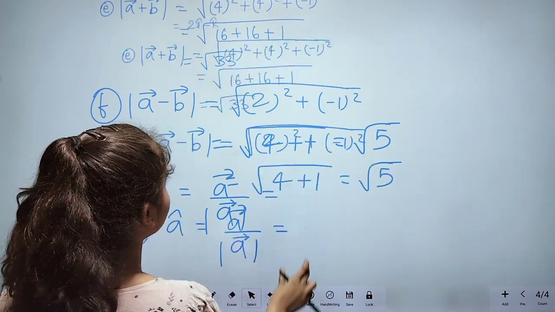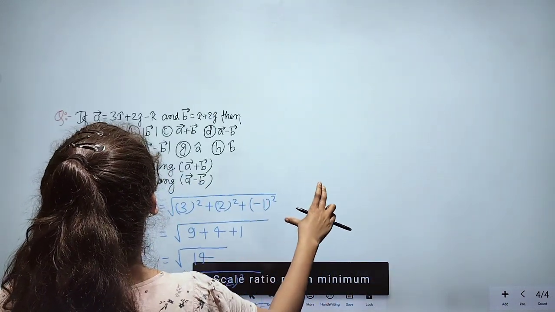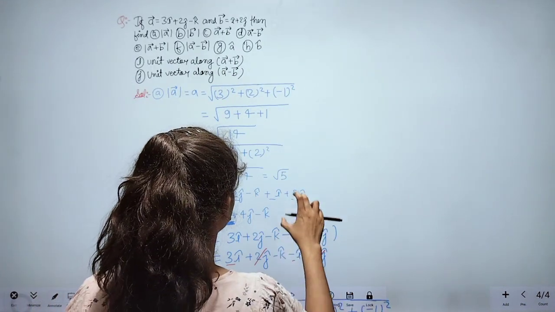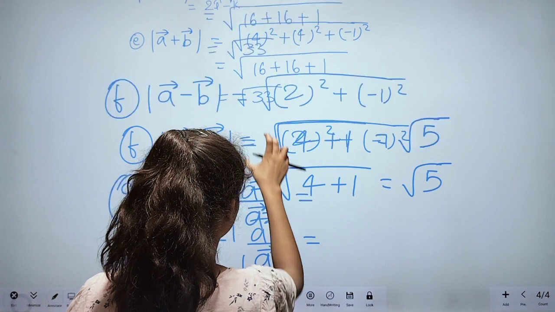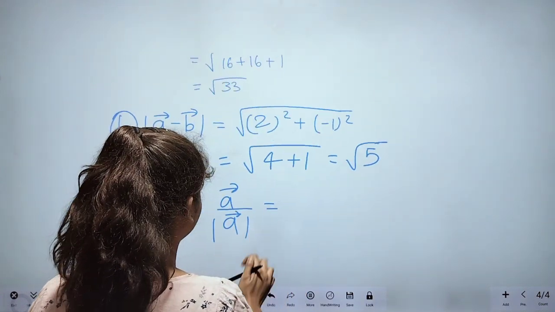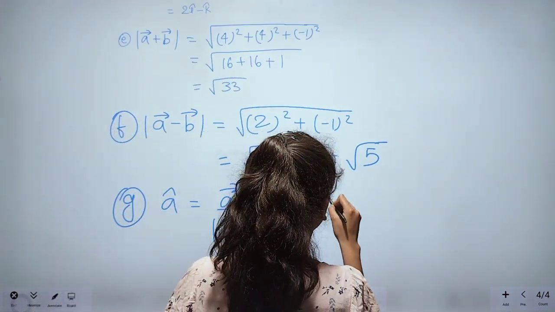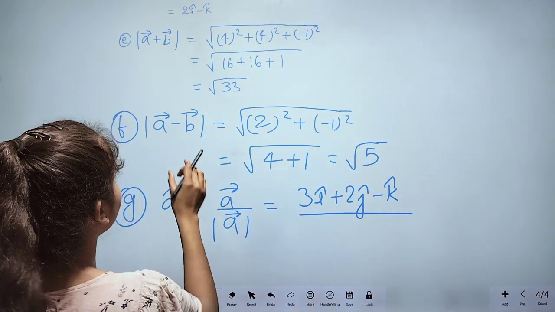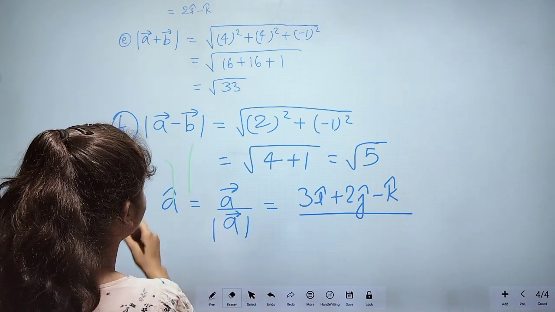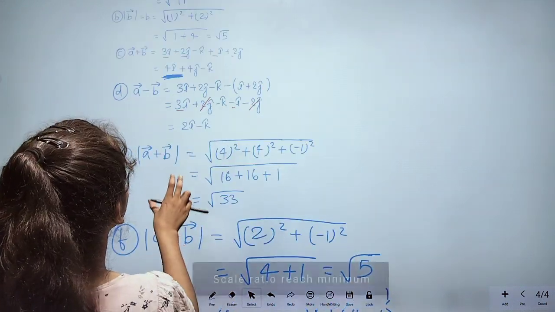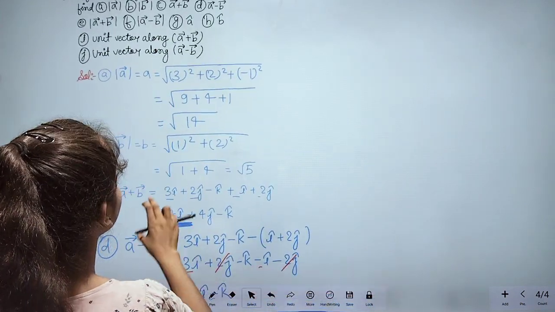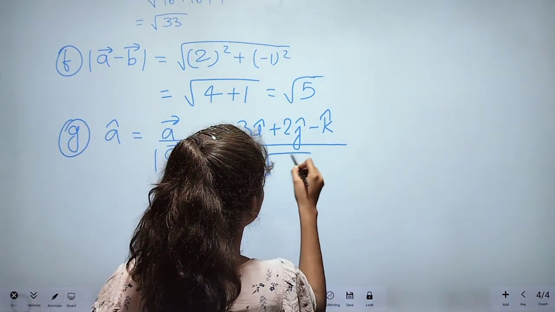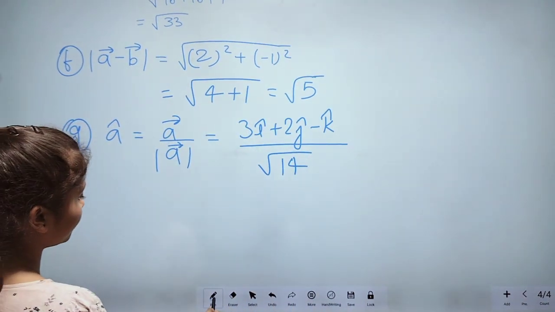So A vector is equal to what? 3i cap plus 2j cap minus k cap, and magnitude of A vector we have already found in A, that is root 14. So we have to write here root 14.